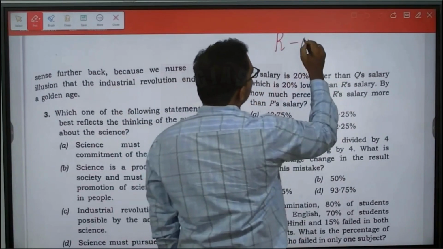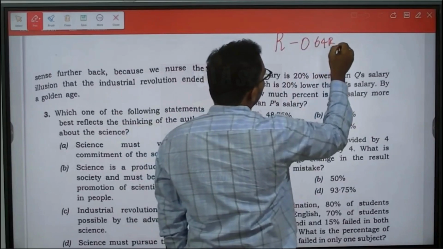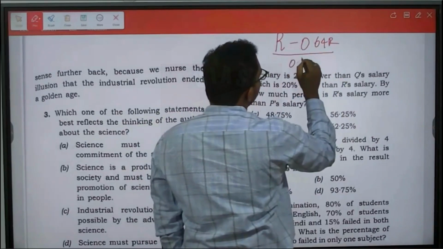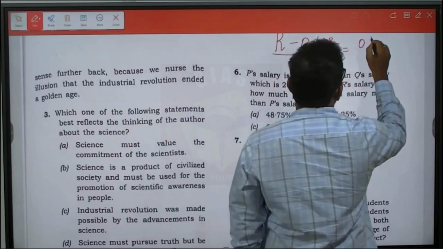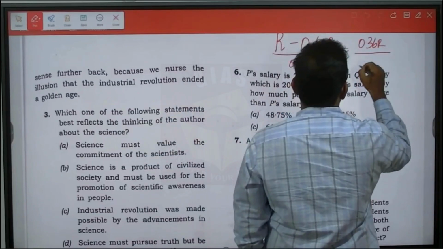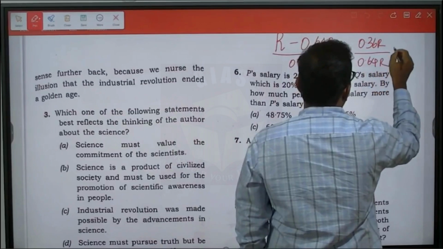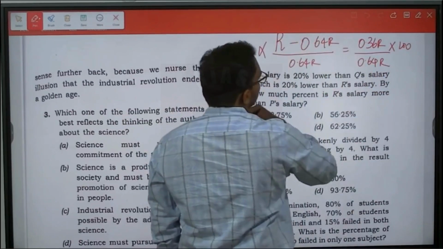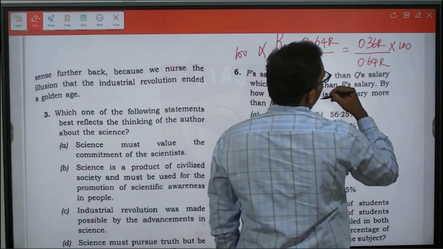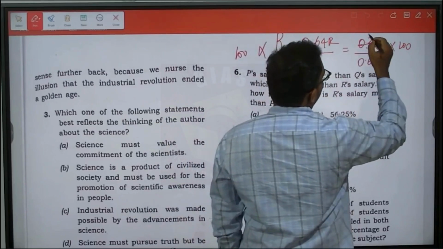So P's salary is 0.64 R, divided by 0.64 R, because this is P's salary. So this is nothing but 0.36 R by 0.64 R, and obviously you have to multiply by 100, then you get the percentage.